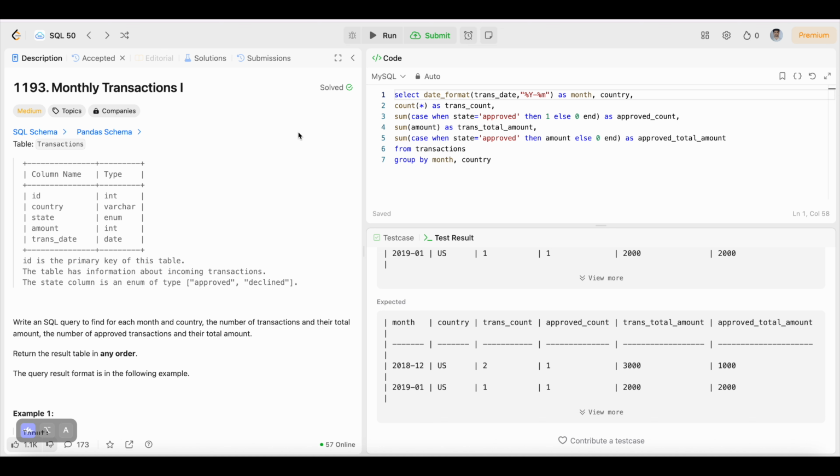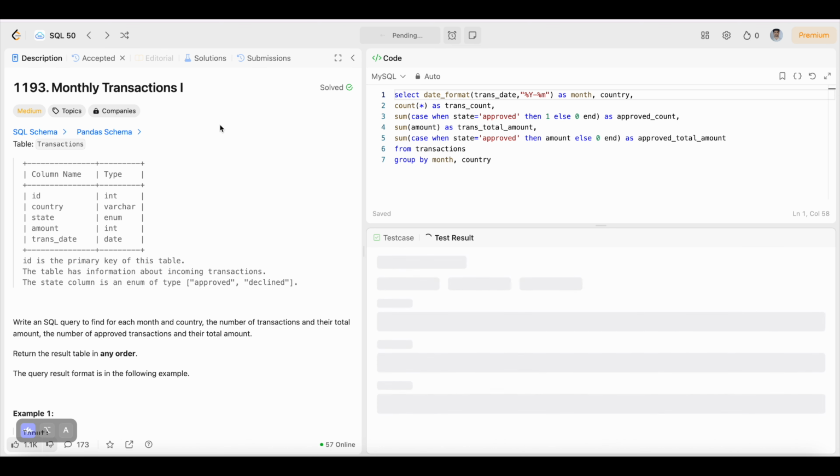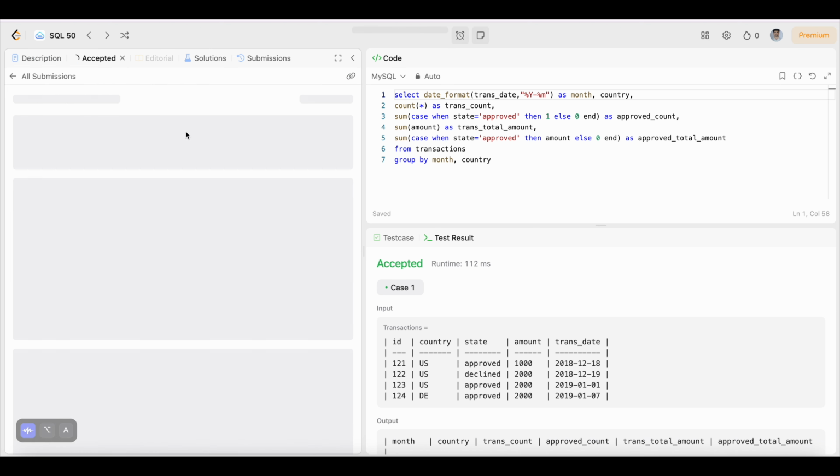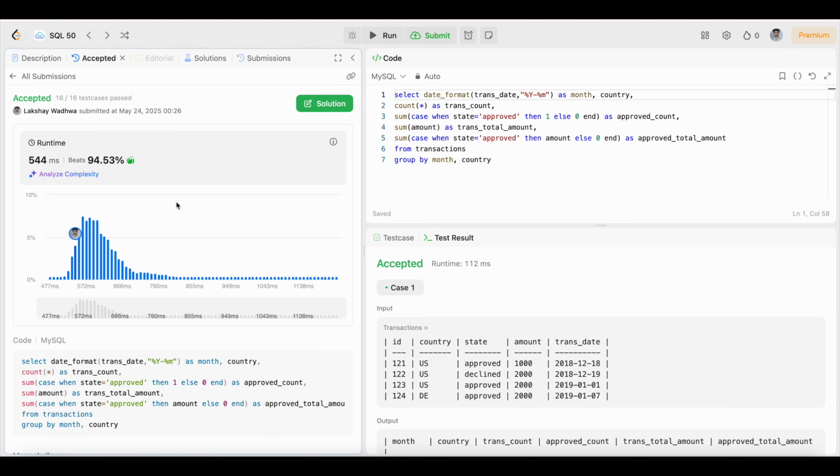Let's see if it passes for all the given test cases. Let's submit this problem. Yes, it is passing for all the test cases.